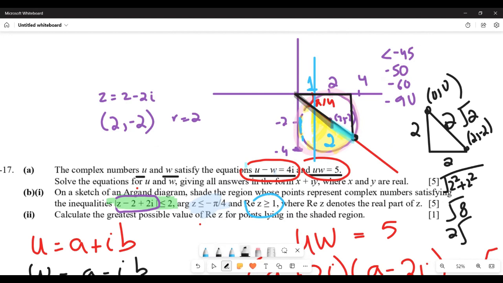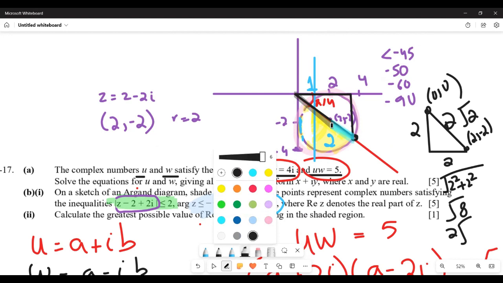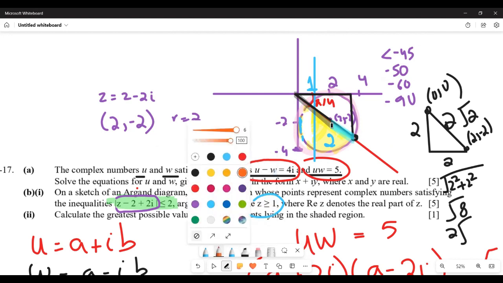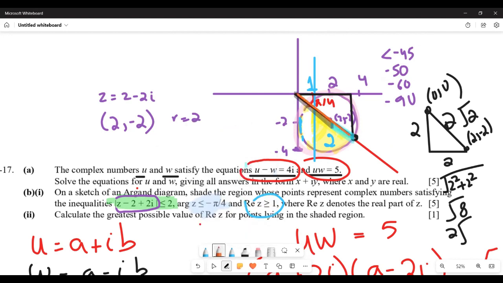Which means that this entire length from here all the way till here is 2 plus 2 under root 2. Right? So I have a right angle triangle where the hypotenuse is 2 plus 2 under root 2. This angle here is 45 degrees or pi by 4 if we're ignoring the sign.